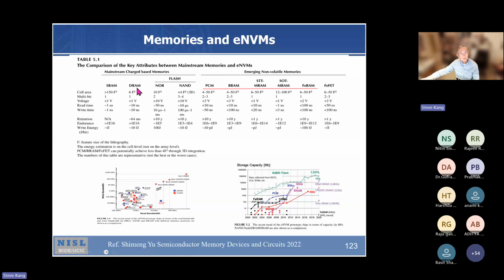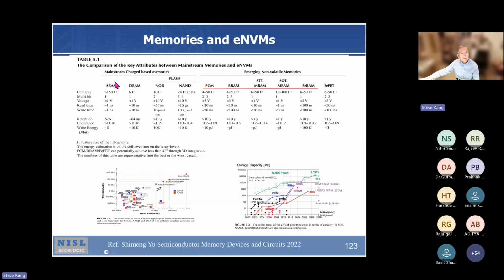So SRAM, DRAM, flash, phase change memory, RRAM, MRAM, SOT, different kinds of ferroelectric RAM, FE RAM, etc. So this is for your reference. We discussed some already. So yeah, they compare cell area, the voltage used, and then read time, write time, right?